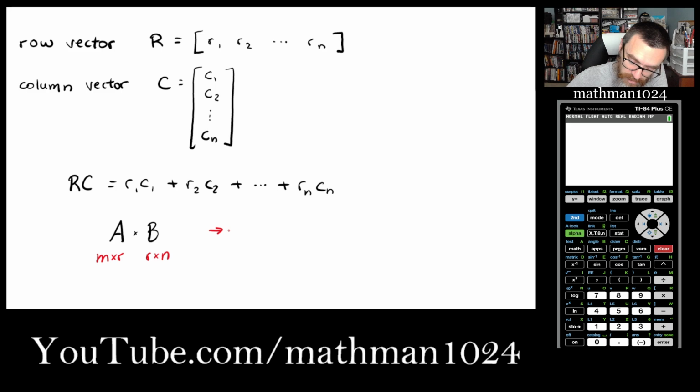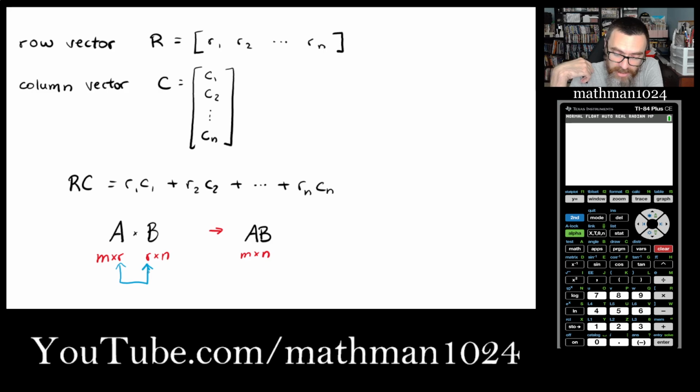And the result, this AB, is going to be an M by N matrix. One of the big things we have to make sure of is that the number of columns in the first factor is equal to the number of rows in the second one.